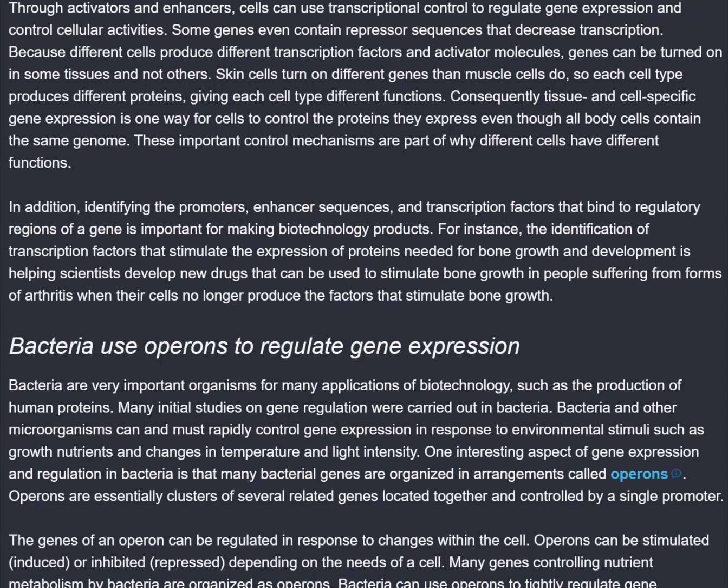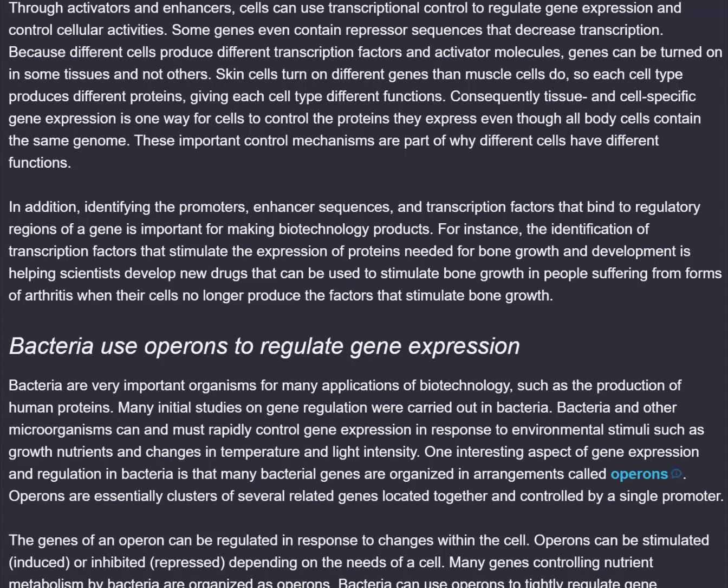Through activators and enhancers, cells can use transcriptional control to regulate gene expression and control cellular activities. Some genes even contain repressor sequences that decrease transcription. Because different cells produce different transcription factors and activator molecules, genes can be turned on in some tissues and not others.